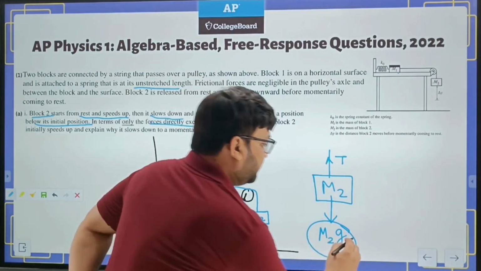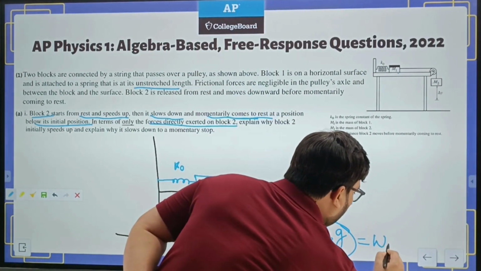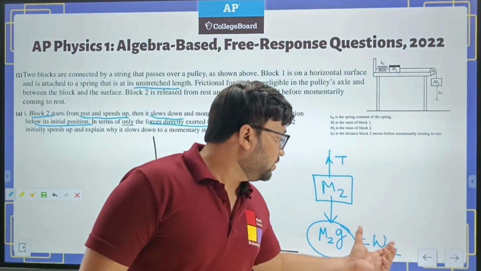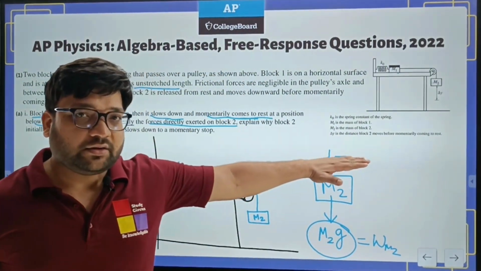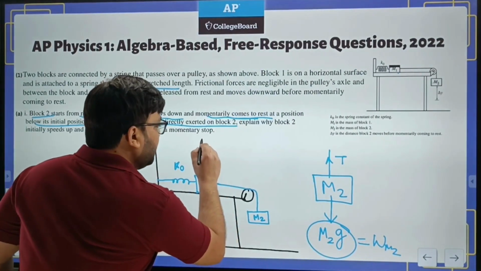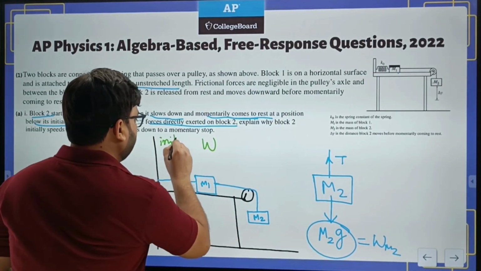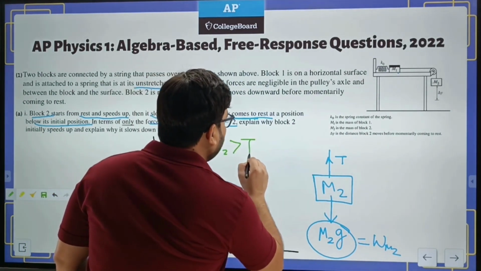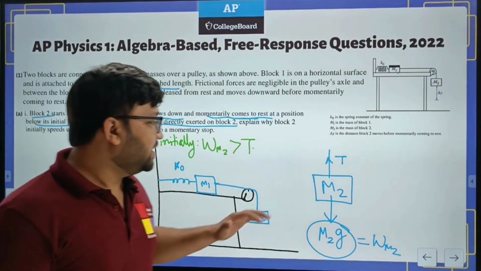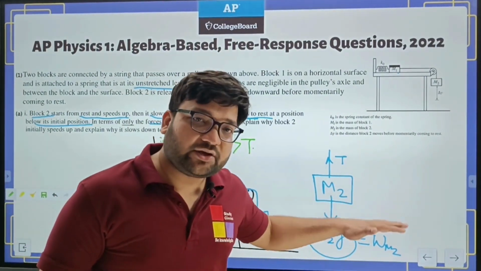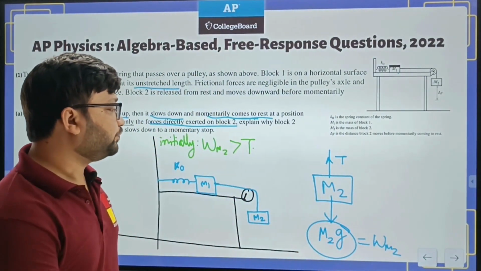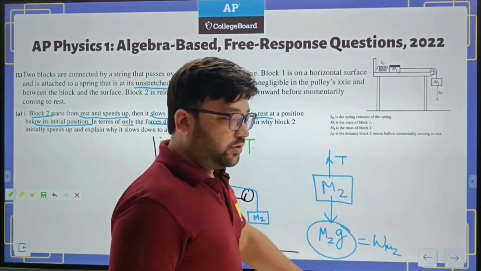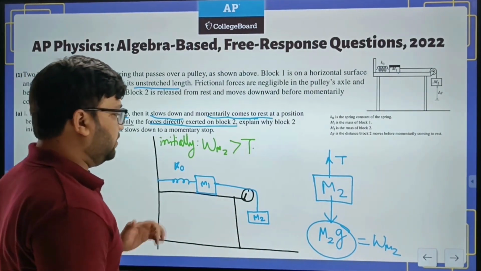So initially the weight of M2 was more than the tension force. That means this force in the downward direction is going to be more, so M2 is going to accelerate downwards, and that is what is happening.